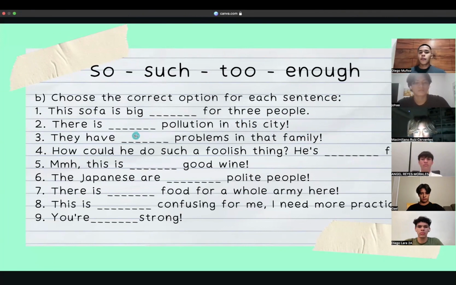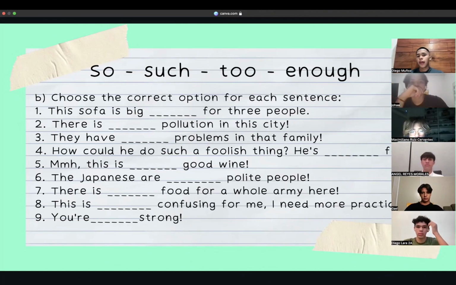There is blank pollution in this city. Someone knows the answer? Well, we continue. There is too much pollution in this city. I think that would be correct. Okay.